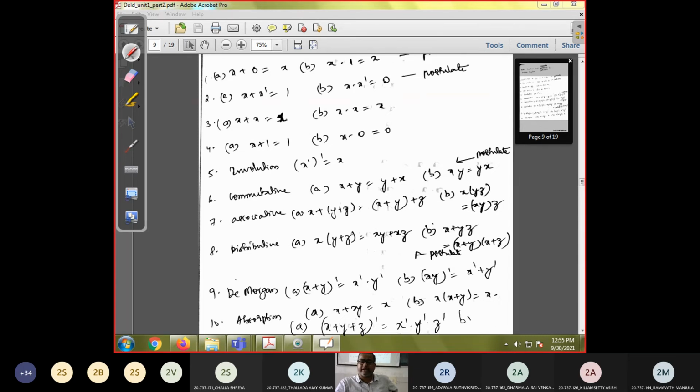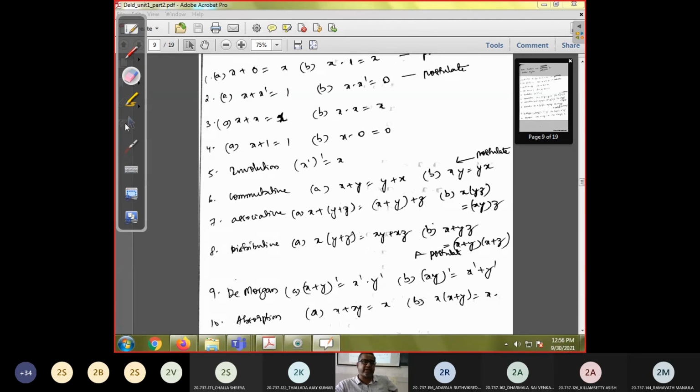Similarly, B property can be written as xyz whole complement can be written as x complement logically ORed with y complement logically ORed with z complement. So in this way, I can generalize it for the case of n variables as well.